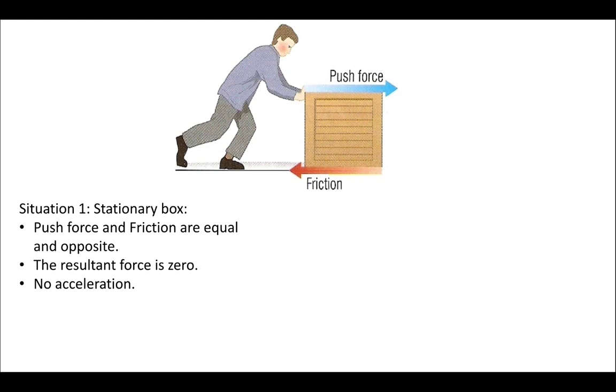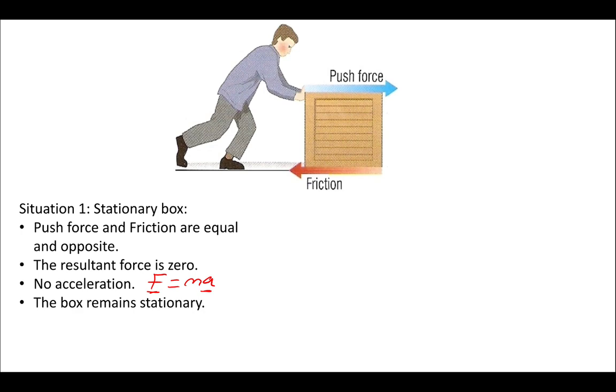Therefore, there's no acceleration, so this box will not accelerate. Therefore, the box will remain stationary. Remember, the no acceleration just comes from Newton's second law, F equals ma. If you've got a resultant force F equal to 0, there'll be no acceleration.